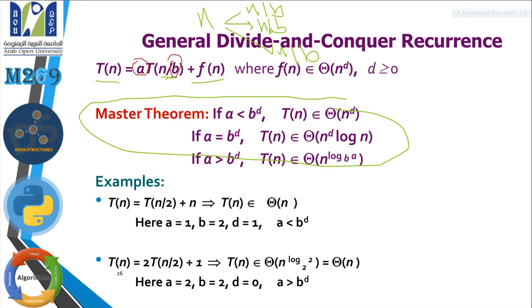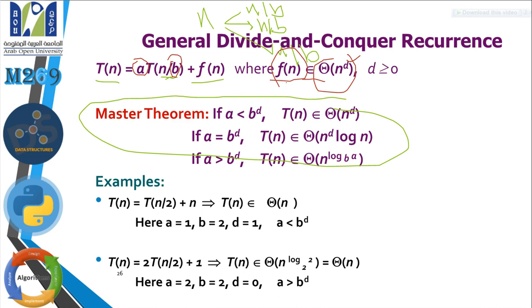And also you have to know that the function f(n) must be within the range of O(n^d). The big O notation of f(n) must be within O(n^d). So d is the power of n here.